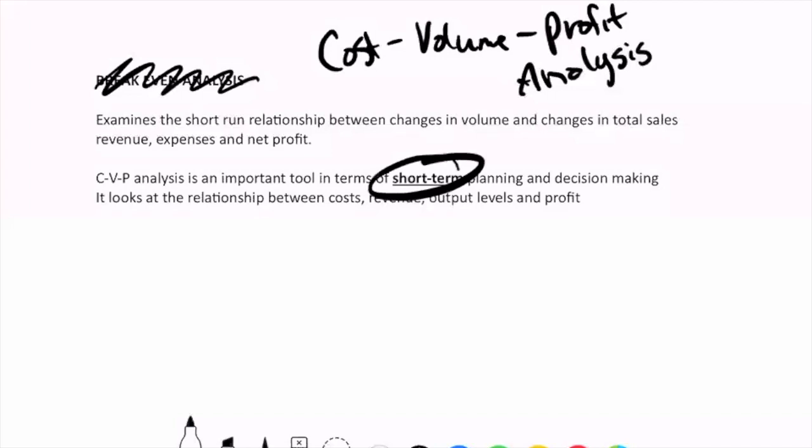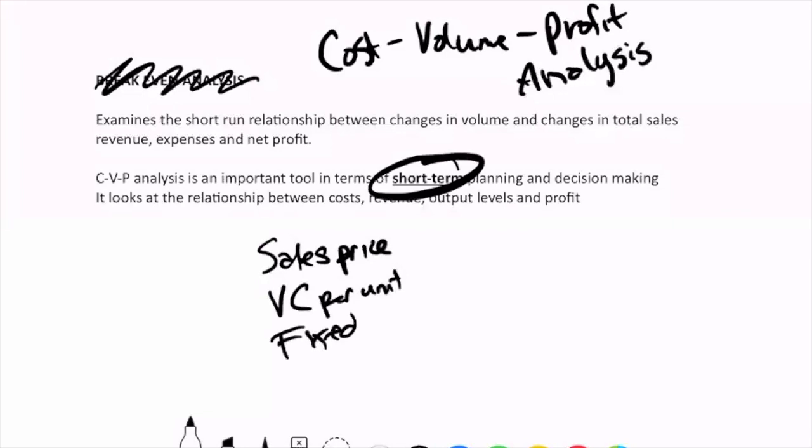Those assumptions are that we will be using the sales price, variable cost per unit, and fixed cost. And when we need to, we'll look at things like targets, like target price, target revenue, or target number of units to sell.